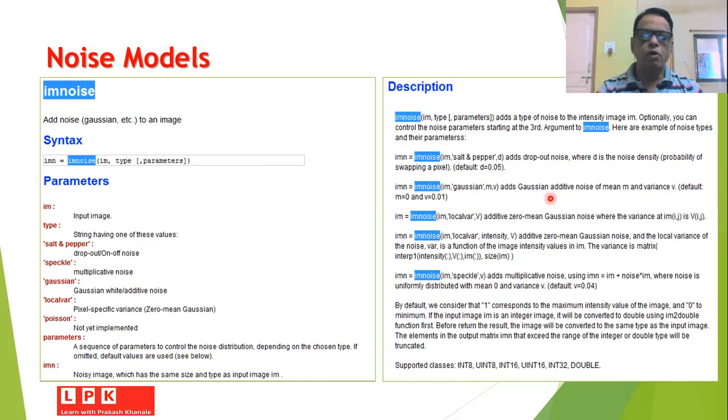We can add noise by using the local variance, which is an additive zero mean Gaussian noise. We can add noise using the intensity value by using the local variance. We can add noise by using speckle. There are different formats available, and with the help of these formats, we can add noise into the image.